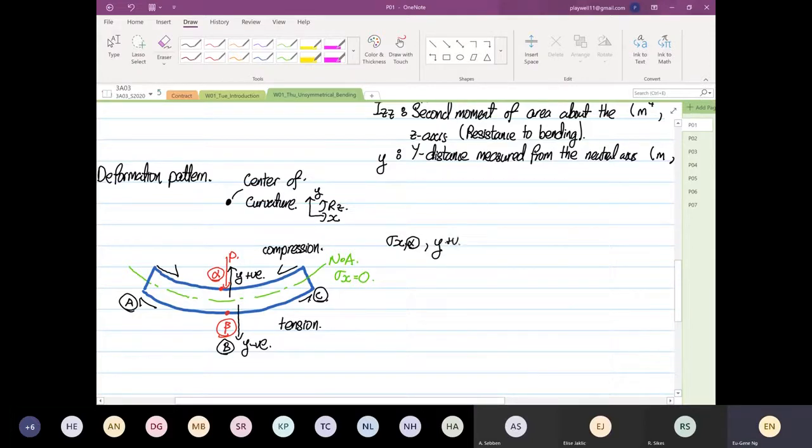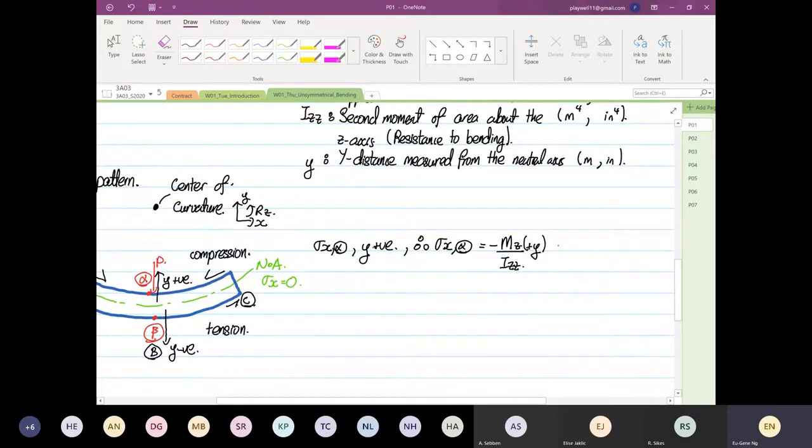So therefore, stress x of point alpha is equal to minus Mz over Izz multiplied by positive y. So because the y is positive, the outcome is that this equation, the vector will be negative, showing that it's under compression.